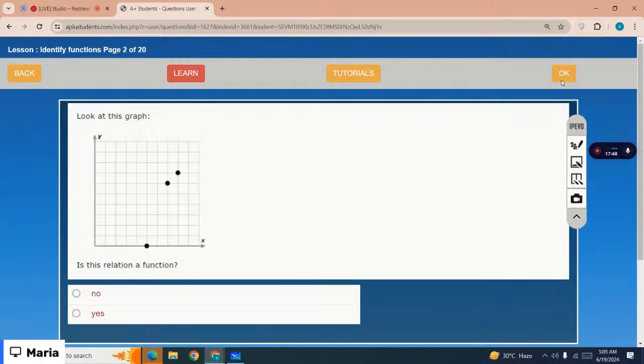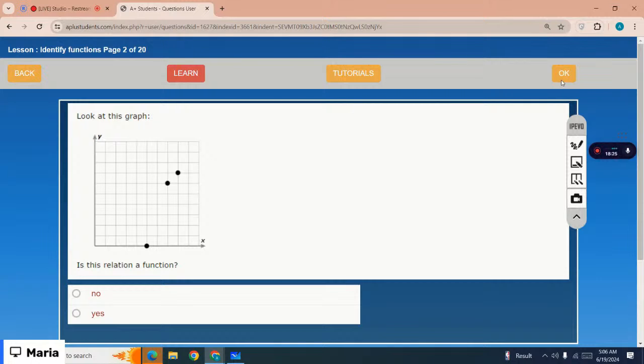The next one is, look at this graph. Is this a function? Which is the correct option? Yes, it is.